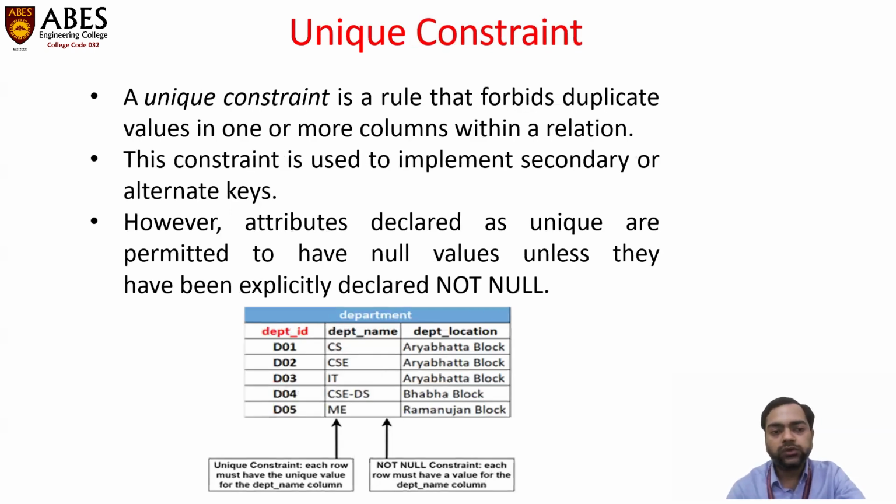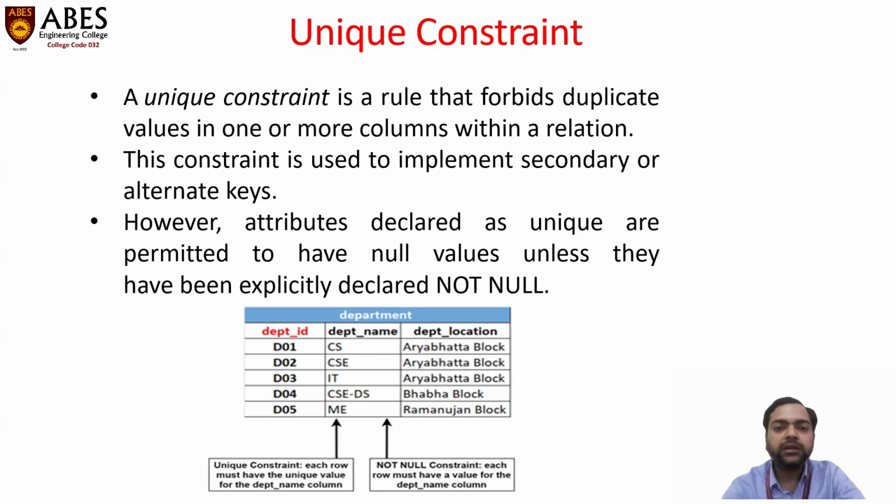Now, what is the unique constraint? Basically, the unique constraint is a constraint where attribute values must be unique. No duplicate values are allowed, right? For example, I want to create a particular attribute where I don't want repeated values.